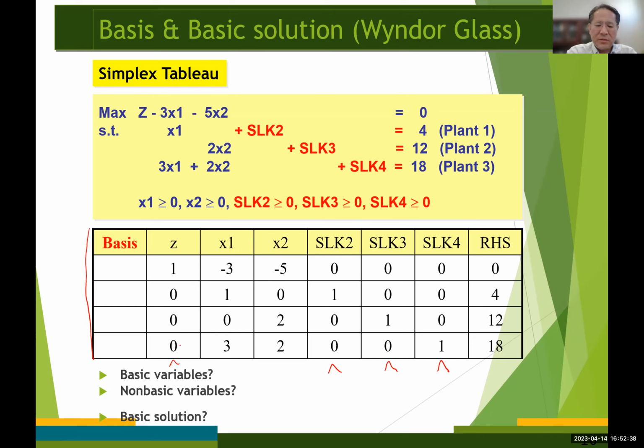So the basic variable set should be G, slack 2, slack 3, and slack 4. Which means the other variables, x1 and x2, are non-basic variables.